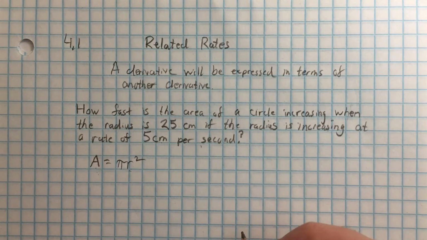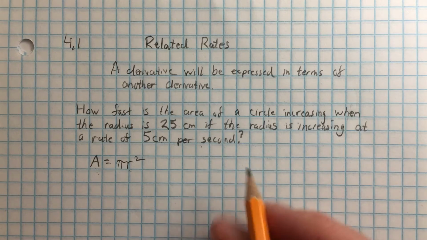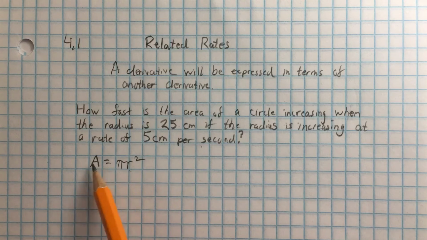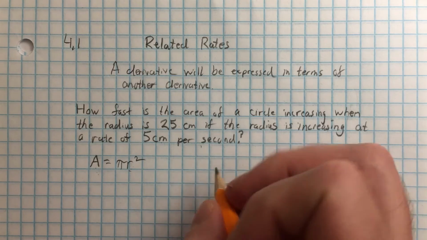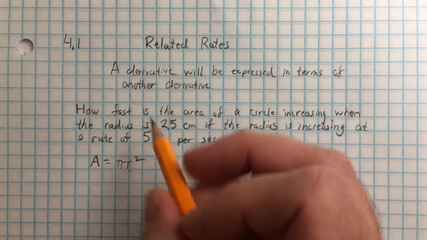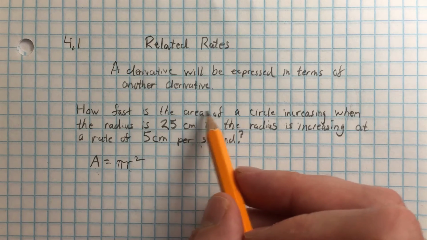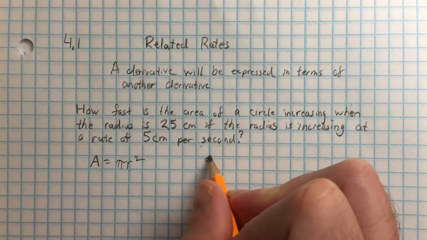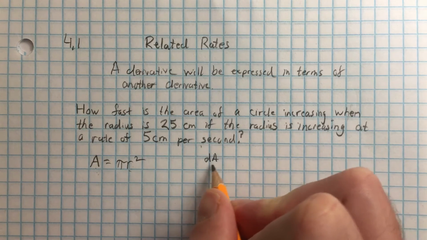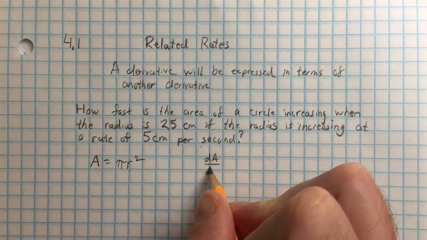Now, what am I looking for, though, from this? I'm not really looking for the area and the radius. I'm looking for how fast is the area increasing. So I'm really trying to find how fast is the area doing something. That's nothing other than dA dt. That's the derivative of the area with respect to time, right?